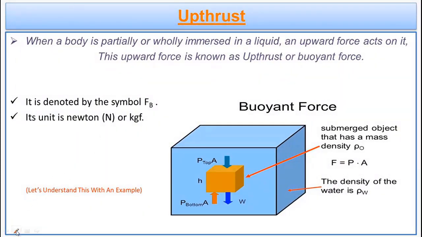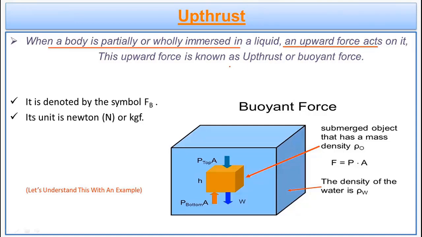Upthrust. Before I start with upthrust, let's recall something about thrust. A force acting perpendicularly in the downward direction or in the upward direction is known as thrust. Now, here we are going to discuss the force exerted by a fluid, say a liquid. When a body is partially or wholly immersed in a liquid, then an upward force acts on it.